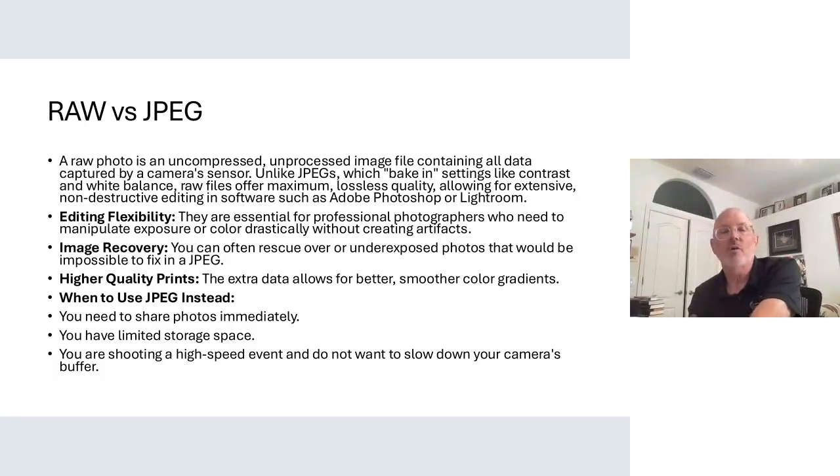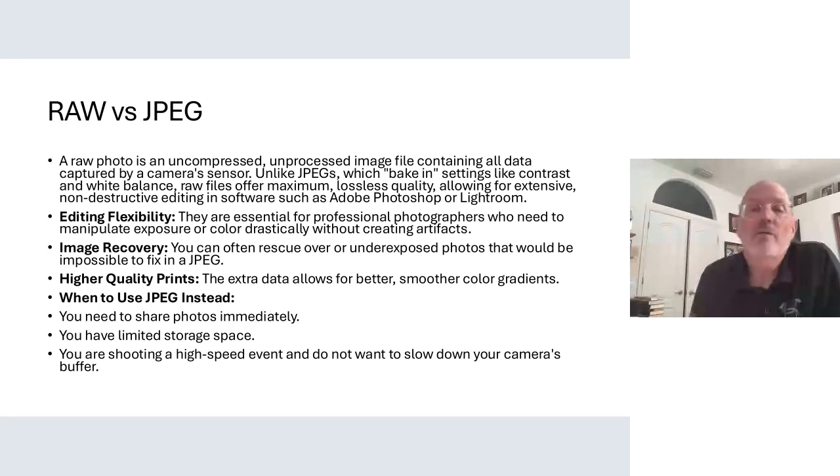But anyway, a raw photo is an uncompressed, unprocessed image file containing all data captured by a camera sensor. Unlike JPEGs, which bake in settings like contrast and white balance, raw files offer maximum lossless quality, allowing for extensive non-destructive editing in software like Adobe Photoshop or Lightroom.